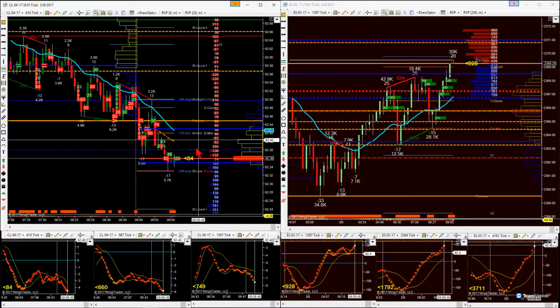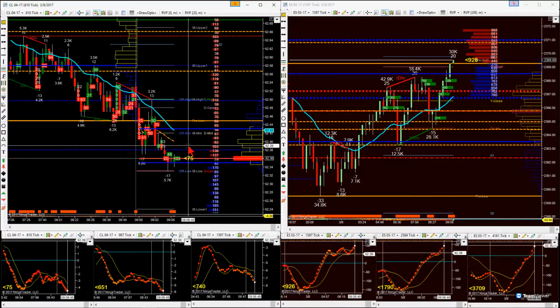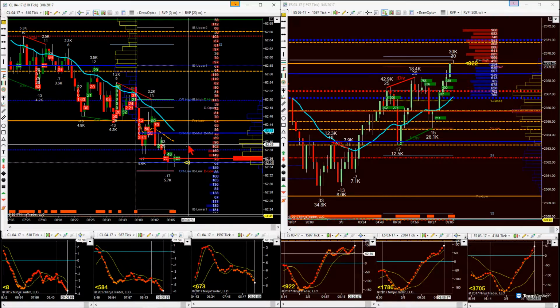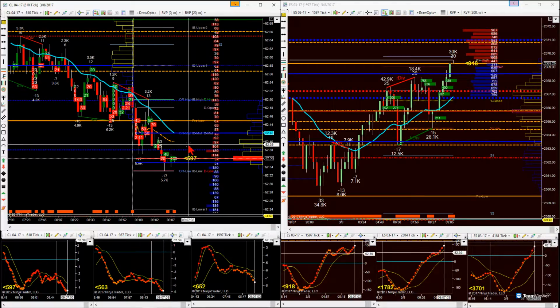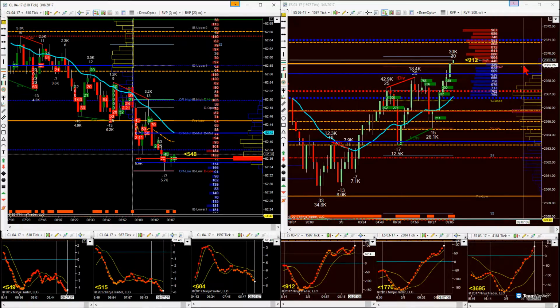That only gives us a 7-tick move. Don't want to get caught up in the chop. Remember, today's Wednesday. We have inventories coming out, so won't be surprised to see some choppy trading.